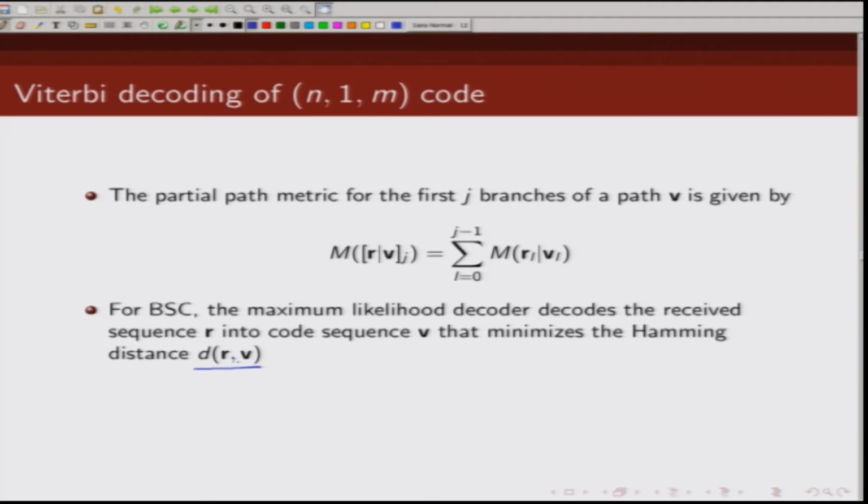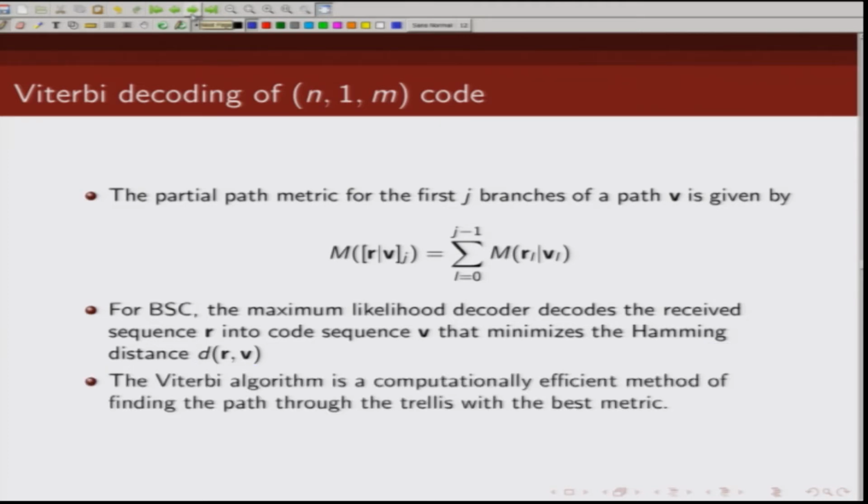We have seen this in the initial lecture on introduction to convolutional codes: the maximum likelihood decoder for a binary symmetric channel will try to minimize the Hamming distance between the received sequence and the transmitted code sequence.